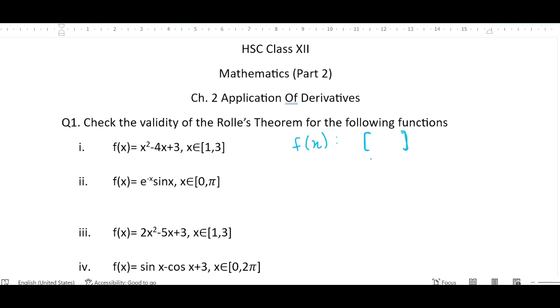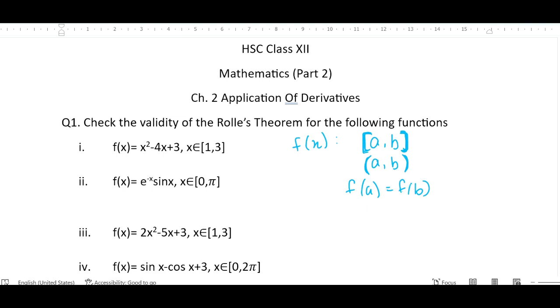It should be differentiable in the open interval of the domain, and f of a should be equal to f of b, where a and b are the limits of your domain. So if f of x is to be checked in the closed interval a comma b, it should be continuous in the closed interval a comma b, differentiable in the open interval a comma b, and f of a and f of b should be equal.